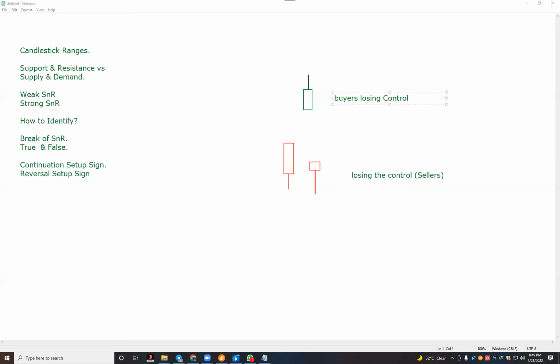But who is getting control? Sellers. The buyers are losing control and sellers are getting control. Always, when sellers want to start, they will attack the buyers. If the buyers get weak, they will enter.